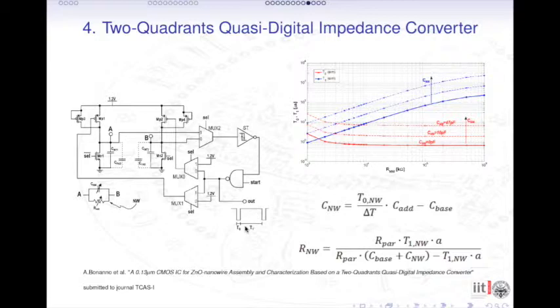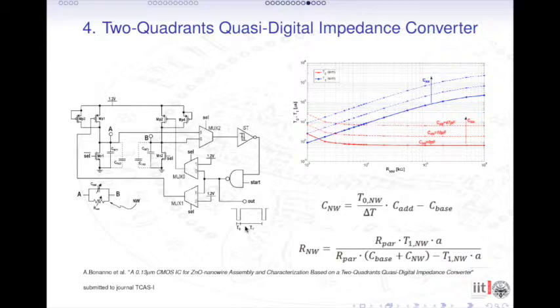So we need a readout circuit that is able to measure the resistance variation of the nanomaterial only in one quadrant of its IV curve.